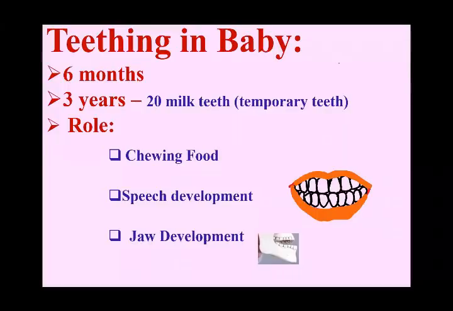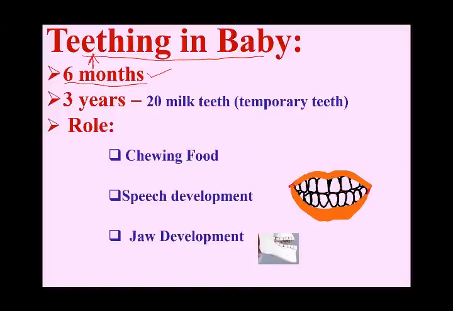Now the next topic is teething in babies. Students, you must have observed that a newborn baby doesn't have teeth. The teeth start coming out at the age of 6 months, and this process is known as the teething process.